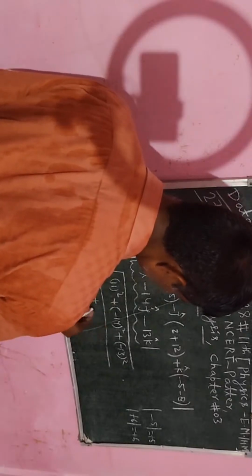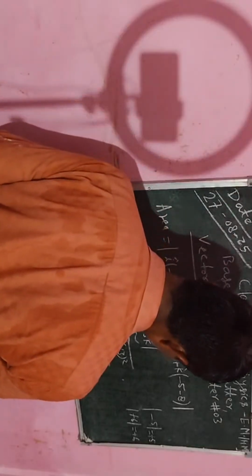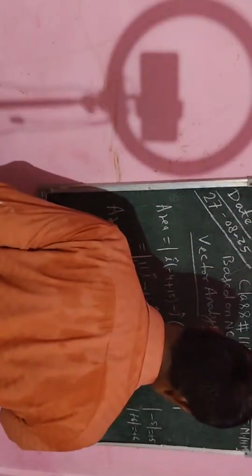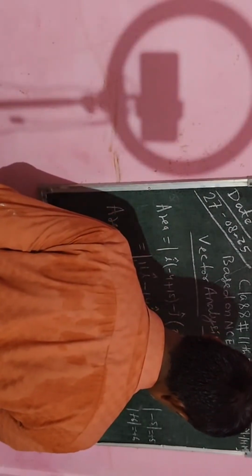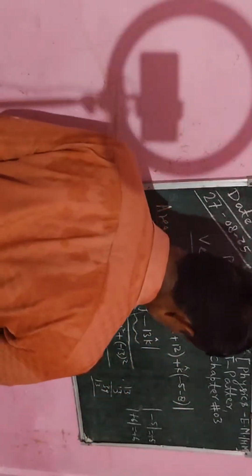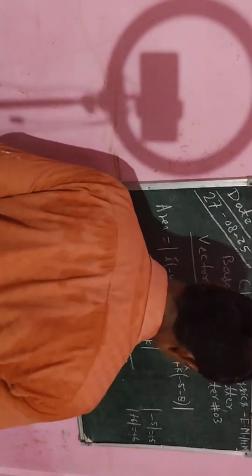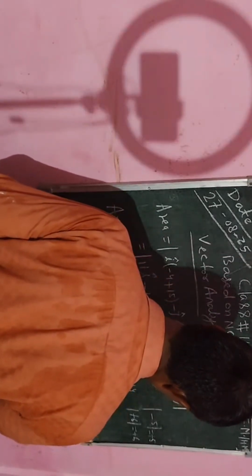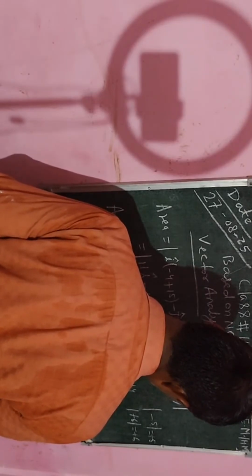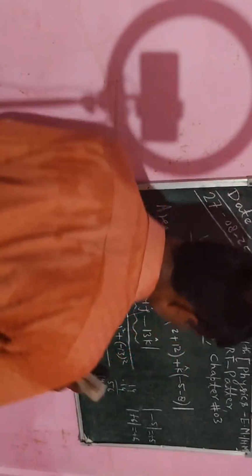Now 14 whole square will be equal to 196, and here 13 whole square will be 169.